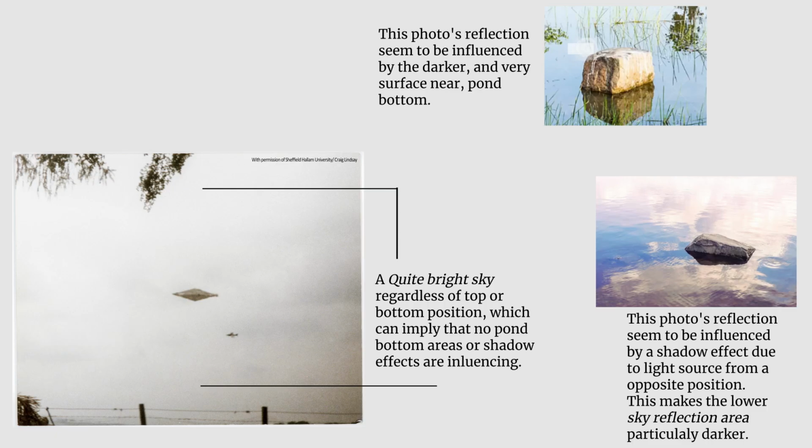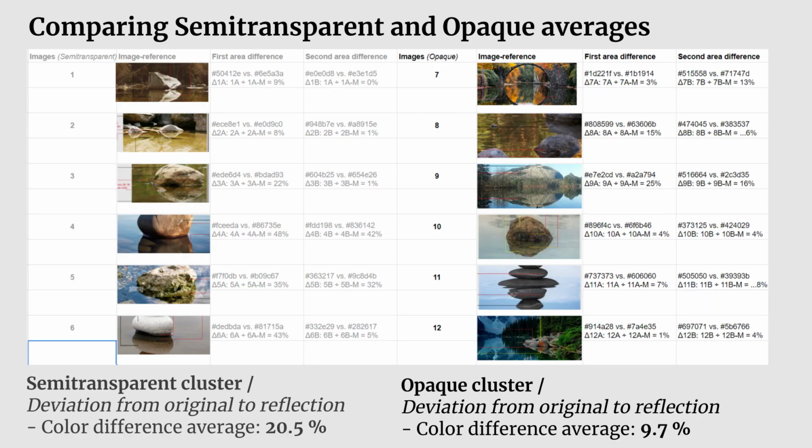We will now revisit the example clusters of stone image reflections, for then to compare it with the two proposed tip and reflection areas in the photo. The results are a color difference average of 20.5% for the semi-transparent examples, and a color difference average of 9.7% for the opaque examples.